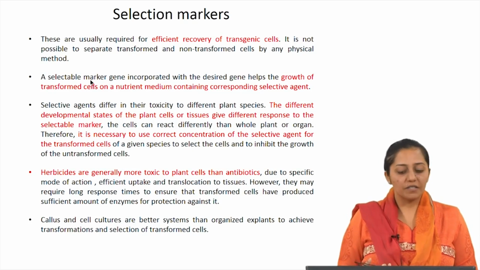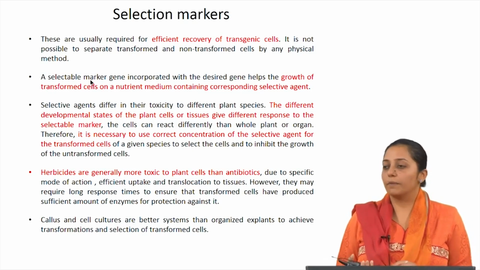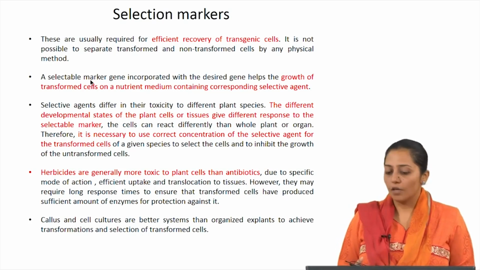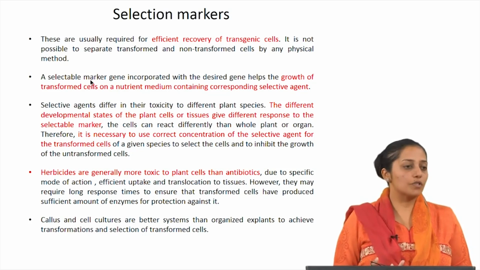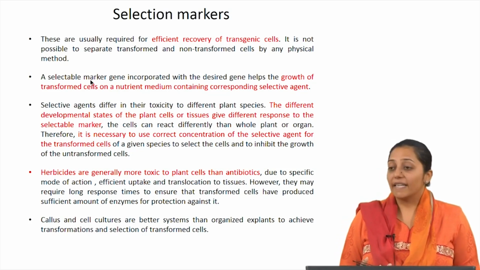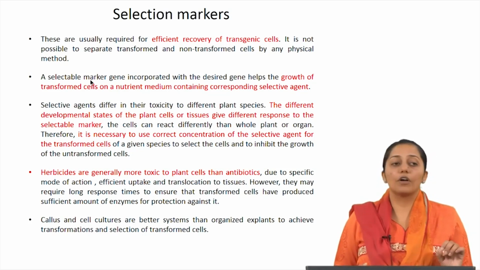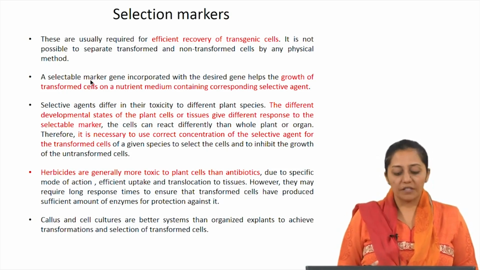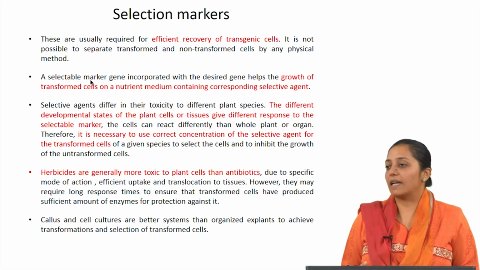Selective agents differ in their toxicity to different plant species. The different developmental states of the plant cells or tissues give different responses to the selectable marker. It is necessary to use the correct concentration of the selective agent. Then herbicides are generally more toxic to plant cells than antibiotics.